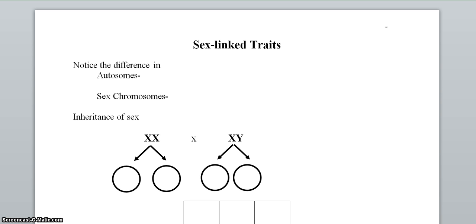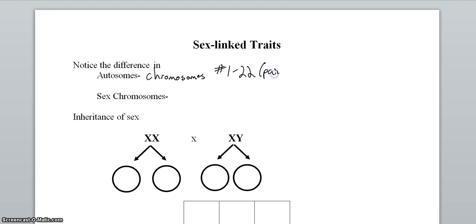And so just to get a little bit of definitions out there so everyone understands what the sex chromosomes are. There's two types of chromosomes that we have. We have autosomes, which are all the chromosomes numbered 1 through 22, those pairs.